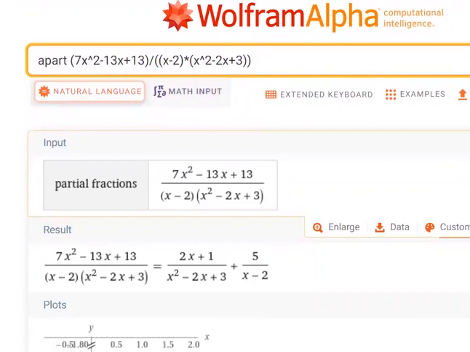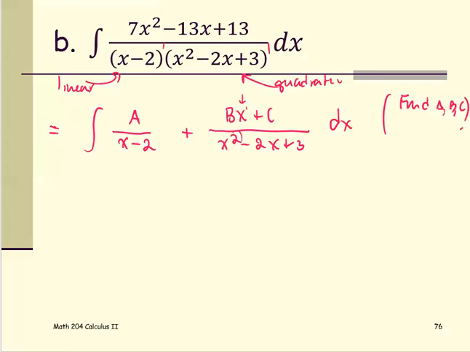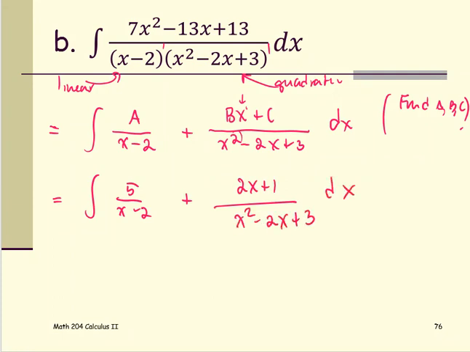We have 5 for the numerator of the x minus 2, and then 2x plus 1 for the top part of the quadratic. Now go back to here. So A is 5, and then the top is 2x plus 1 divided by x squared minus 2x plus 3, with respect to x.